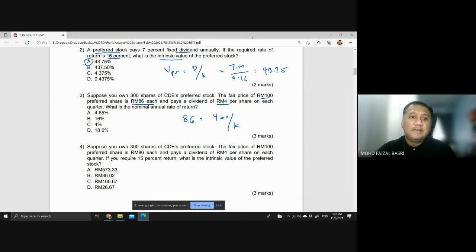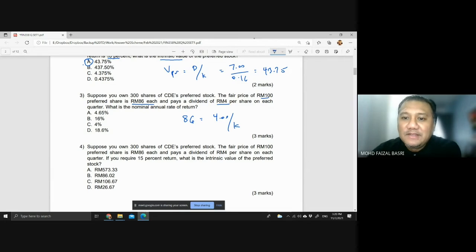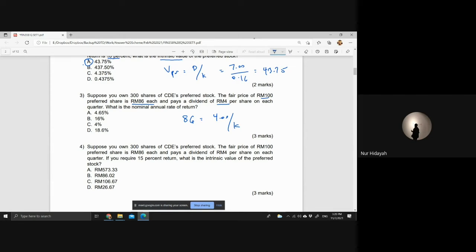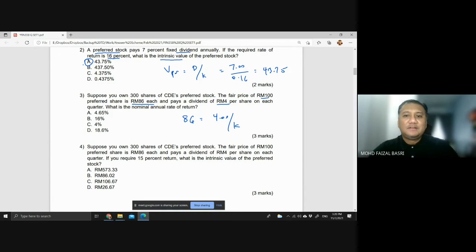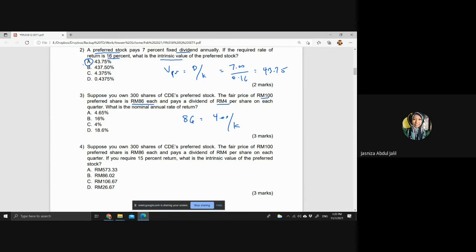Okay, so the answer is, to find K, K times 86 gives 86K. So to find K, bring the 86 back here and divide, so RM4 divided by 86. D is the answer, sir. Is it D? A, sir, 4.65.